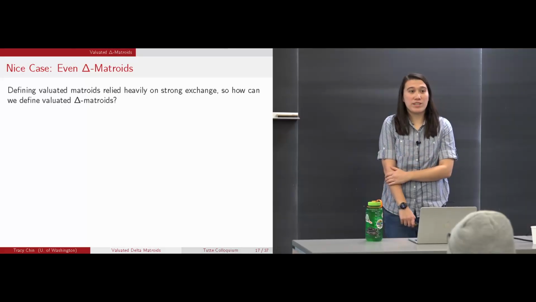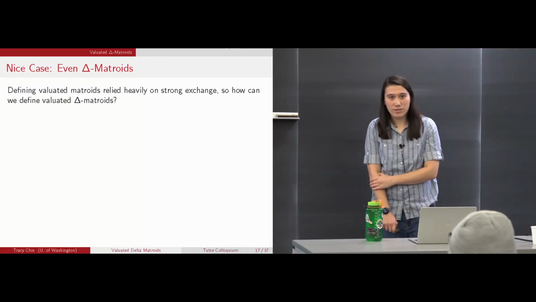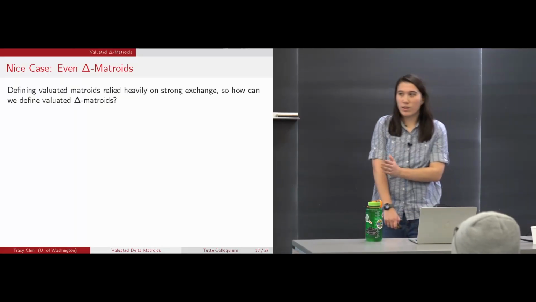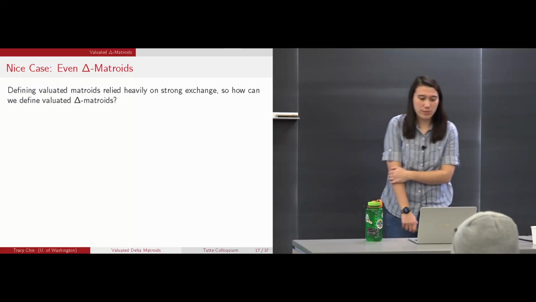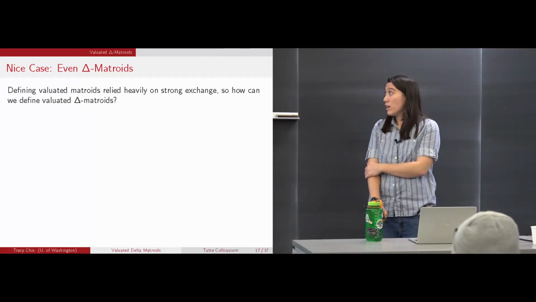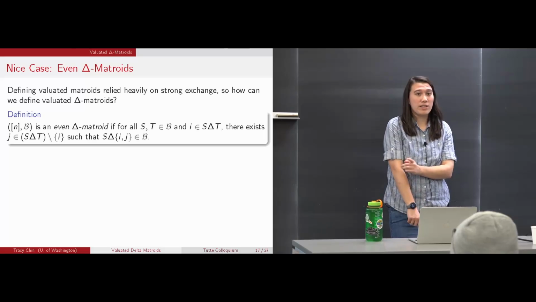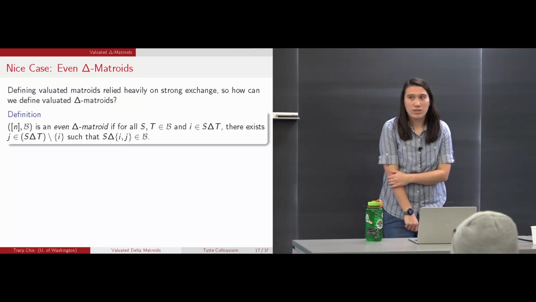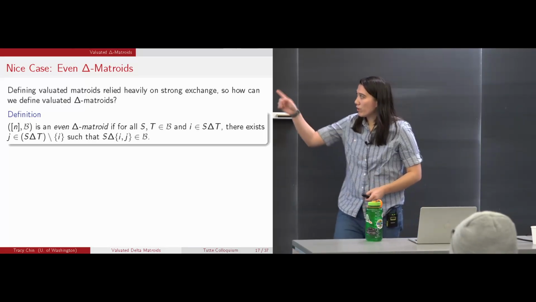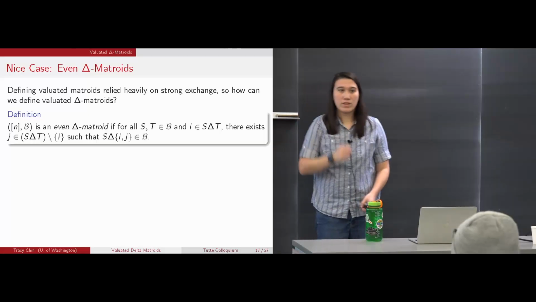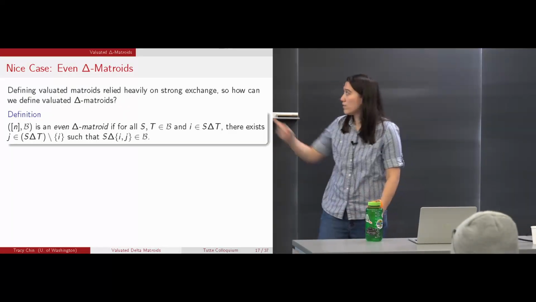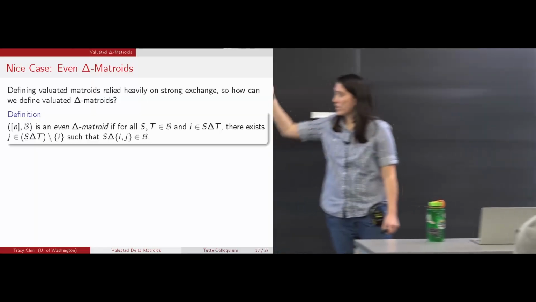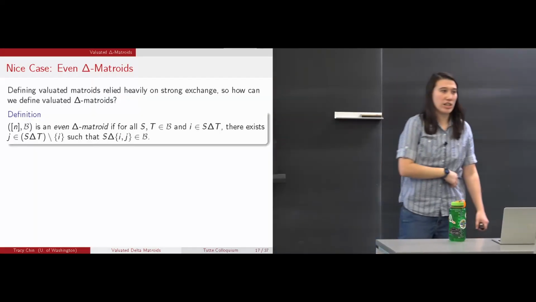So how are we going to define valuated delta matroids? Prior to this paper that I wrote, there was a previous paper by Felipe Rincon that talked about valuated even delta matroids. So before, remember, we were allowed to take i equals j, in which case we just removed one thing or just added one thing. Even delta matroids, basically it's the same axiom except we have to take j not equal to i.